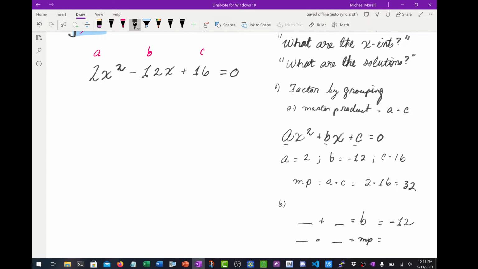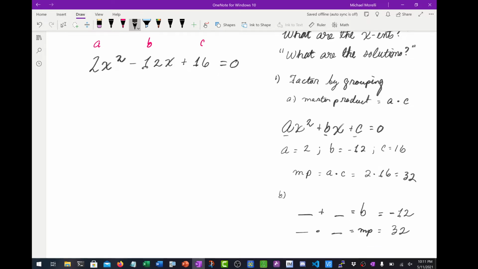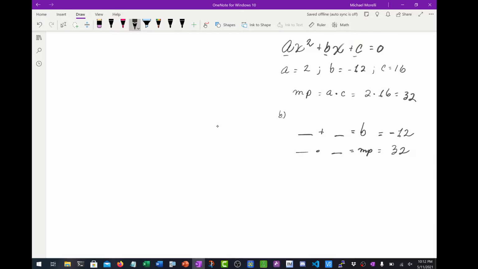And those same two numbers need to multiply to be 32. And so we encounter another potential pitfall, which is, okay, how do I figure this out? And what I recommend is to just list all the factors of 32, including 1 and 32. And we need these numbers to add to be negative 12.